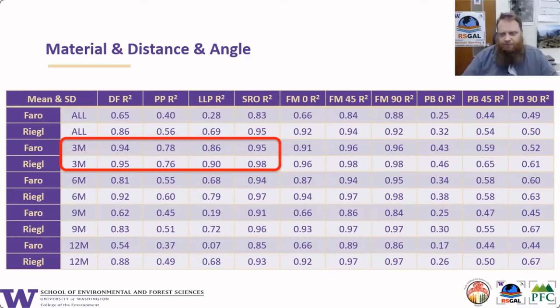The one exception here that was really hard to model was the pine board. We never really got extremely high R-squared values when modeling the pine board, indicating to me that things like the presence of knots or different grain patterns really had an impact on that reflectance value.